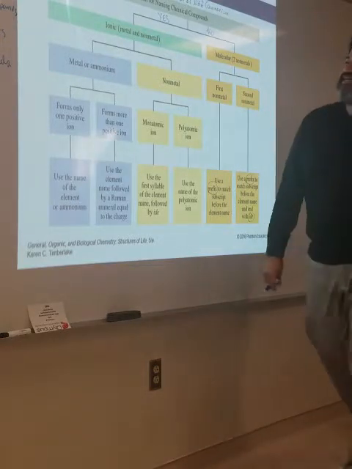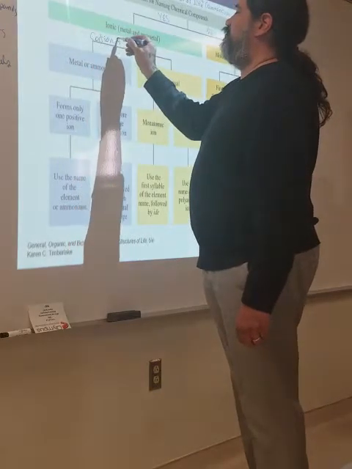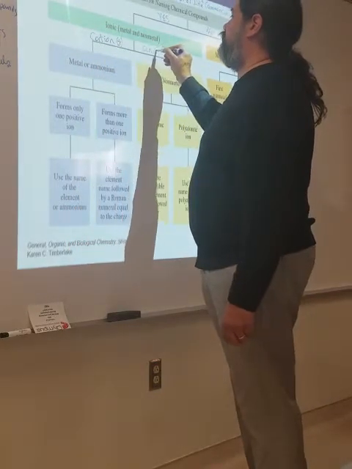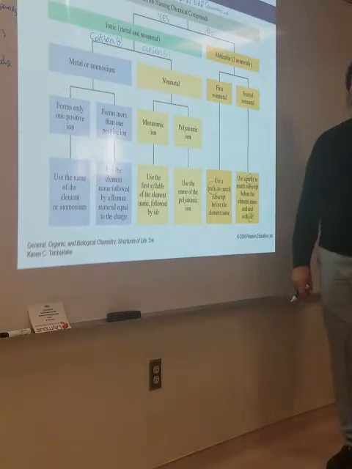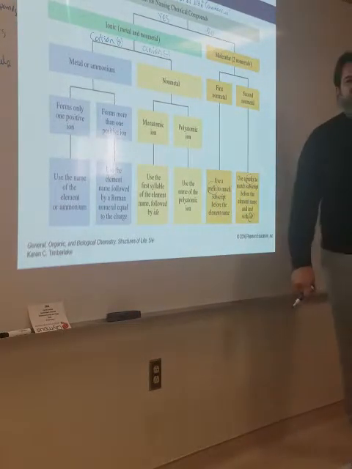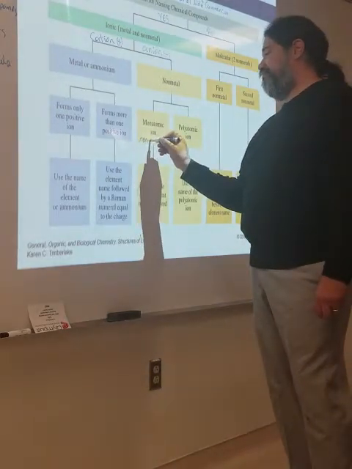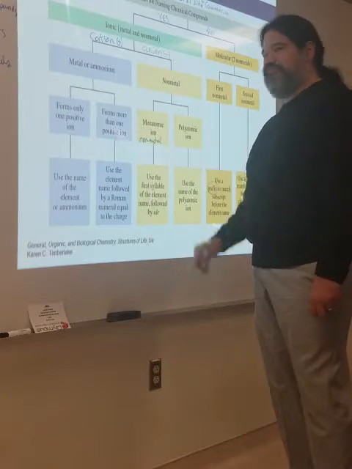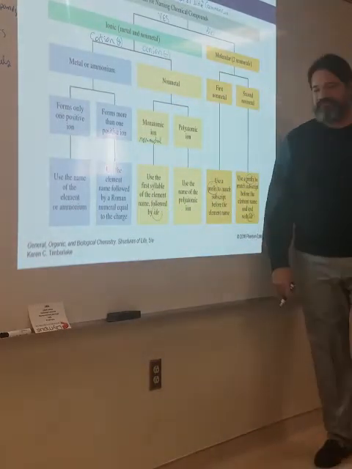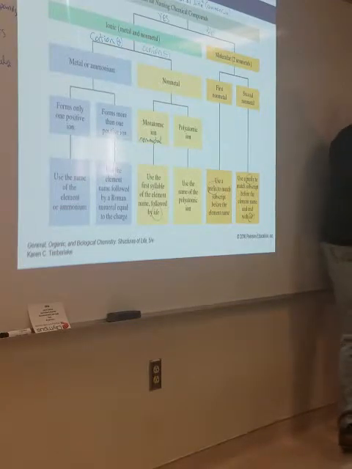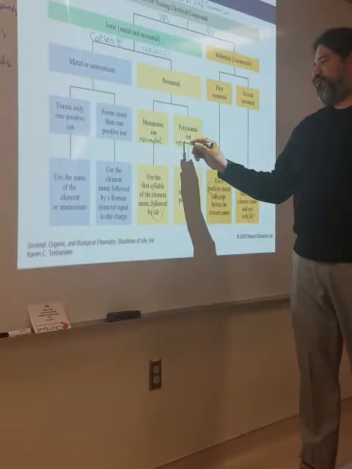It is ionic, and you have two parts, your positive part and your negative part. If it's a monatomic ion, that means it's a nonmetal. All your monatomic ions are nonmetals and they end in IDE. If it's polyatomic, see the chart.